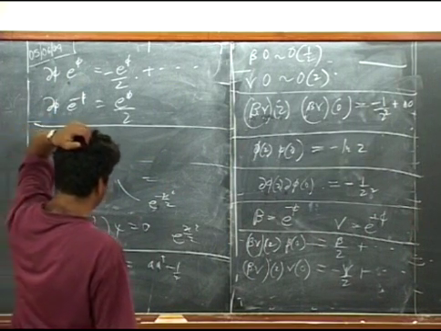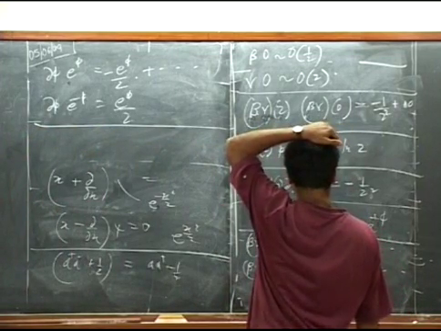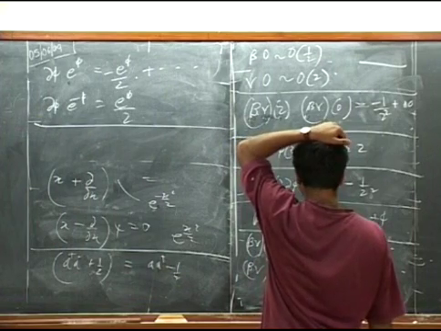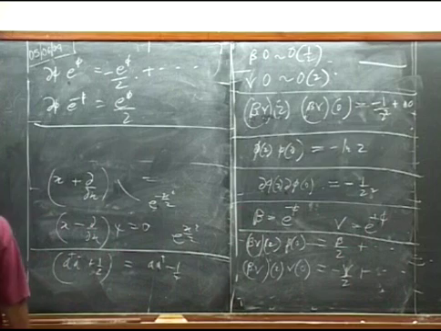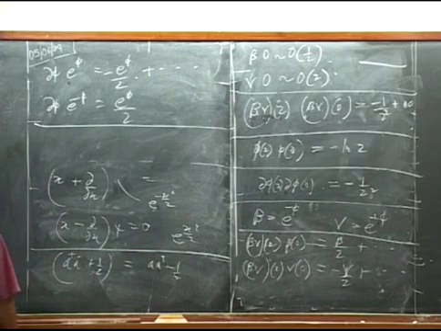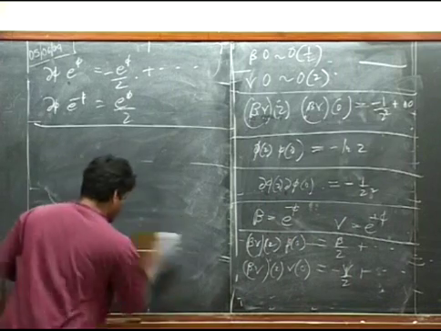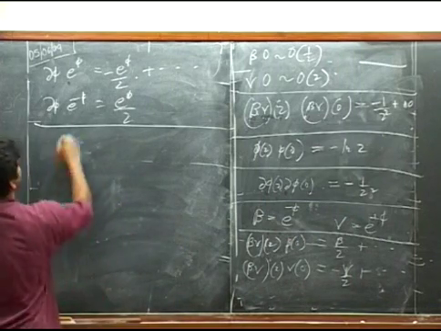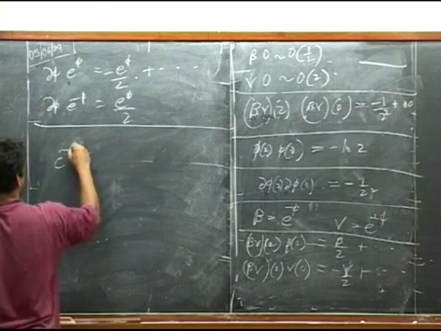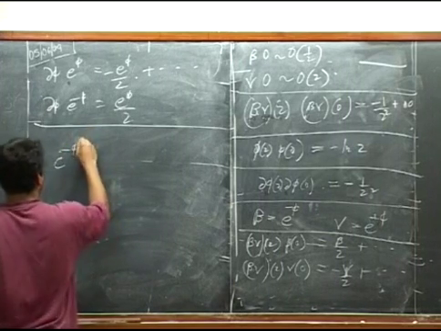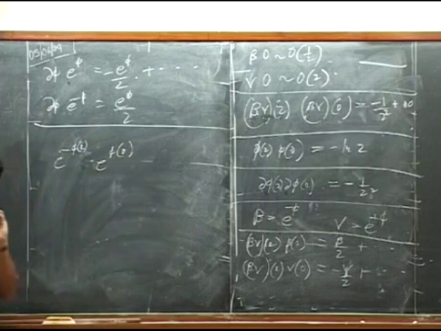Jyotirmoy's question is how is beta gamma equal to del phi? Well, the way that would work would go as follows. So beta, e to the power minus phi at z, times e to the power phi at 0.